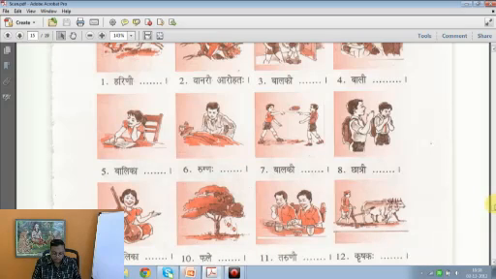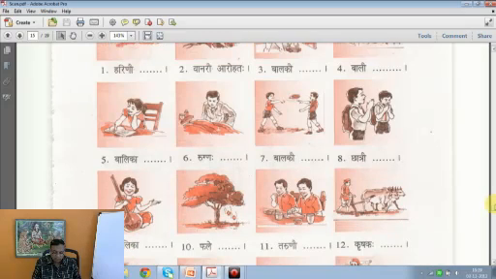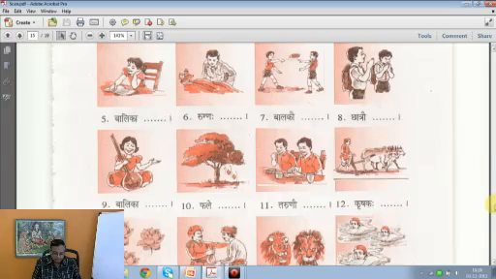Balakau. Two boys are playing there. So what is the verb you pick up? Kridataha. Balakau Kridataha. Chatrau Namataha. Two students are saluting. Chatrau Namataha. So here mostly we are done up to this, the dual number of the verb.